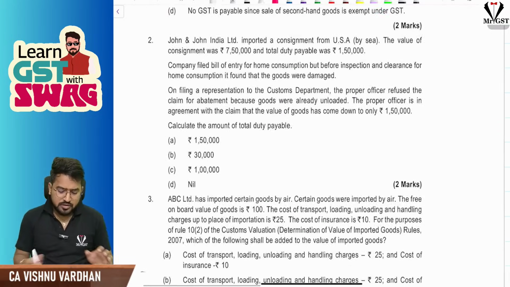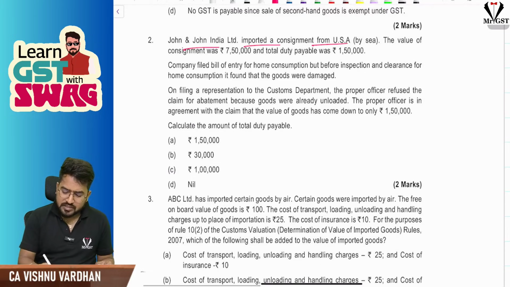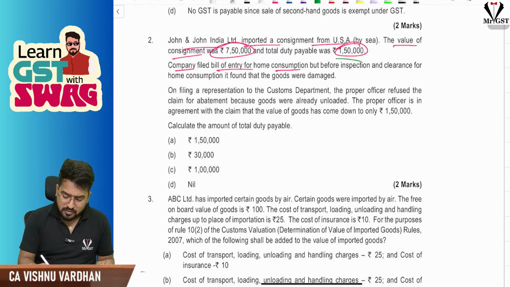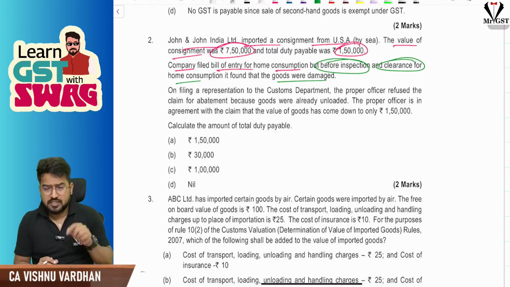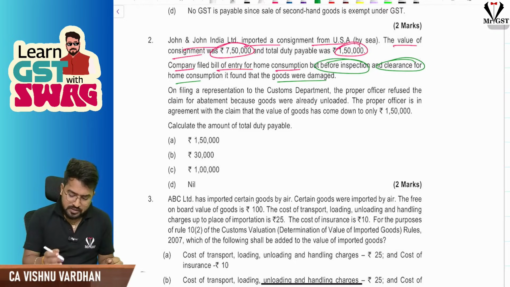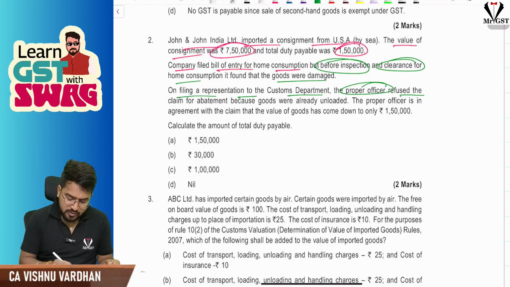Next, John and John Limited, India, imported a consignment from the USA. The value of the consignment is 7 lakh 50,000 and the duty payable is 1 lakh 50,000. The company filed a bill of entry for home consumption, but the interesting point is that before inspection and clearance for home consumption, the goods were damaged. We have seen a similar problem in MTP 1, I guess. Just check. On filing a representation to the Customs Department, the proper officer refused the claim for abatement because the goods were already unloaded.